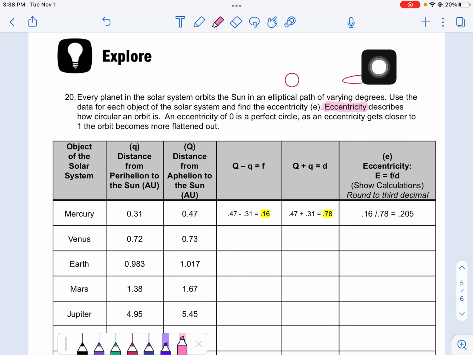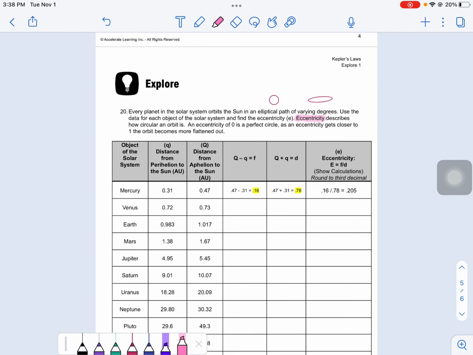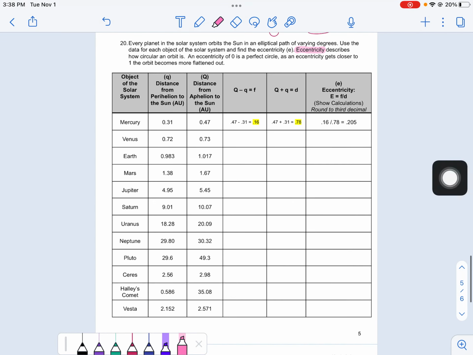Some are more circular and some are more elliptical, just depends on a few conditions. So what we have here is some data for, again, many objects within our solar system, and what we want to do is calculate that eccentricity, which again is describing how circular an orbit is.